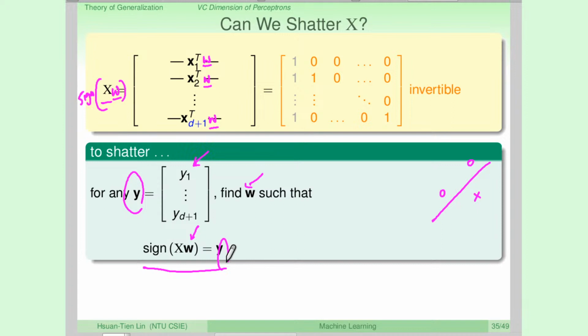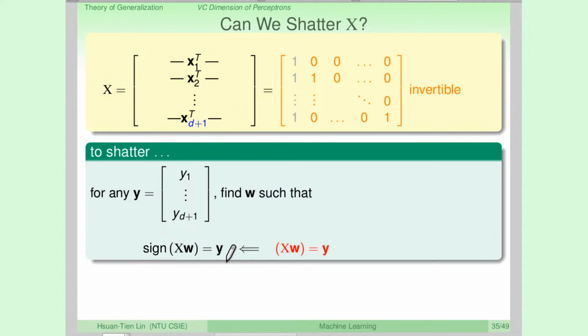If we can do that, that's cool. And one sufficient condition for doing so is to require that Xw equals y exactly. If after multiplication, with all those floating point numbers and so on, you magically get a value equal to every y that you want, that's cool, because if you have got those particular y, then after taking the sign, it's still those particular y.